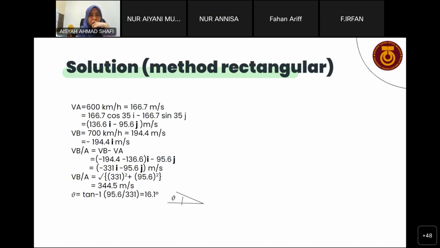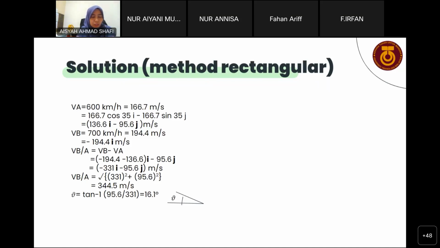Okay, right. So that one is, wait a minute, because for the j, it has no value there.